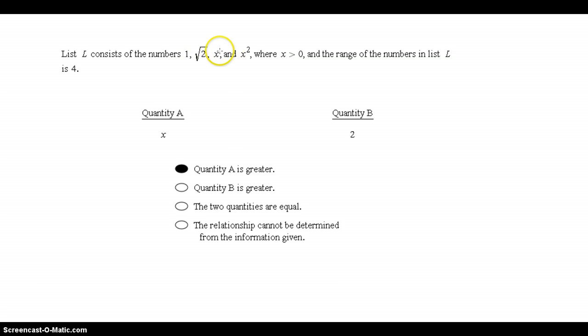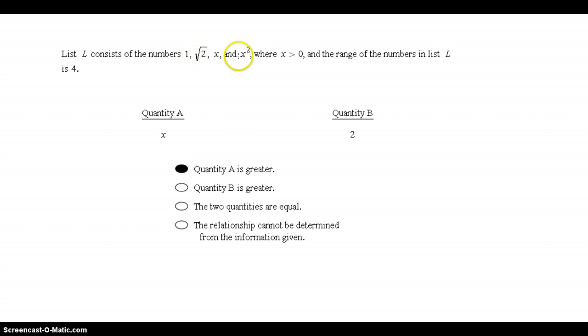So I guess what I'm saying is we're trying to figure out whether x is less than or equal to 2. First of all, we know that x is not negative. And then we think, what's the highest that x could be? Well, the highest that x squared could be is 1 plus 4, because the range of these numbers is 4.